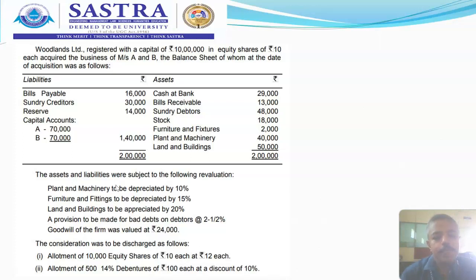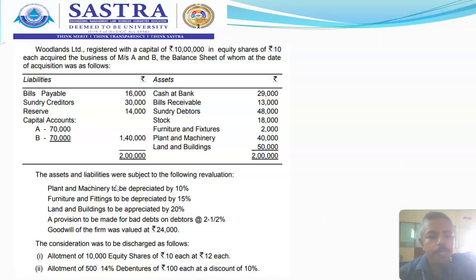For equity shares, we adjust the net payment of rupees 12 per share, and for the debentures we use rupees 90 per debenture. That amount only we need to take, not the face value. So if you calculate, for equity shares it is 1,20,000, for debentures it comes to 45,000, and the balance amount in cash comes to rupees 17,500.